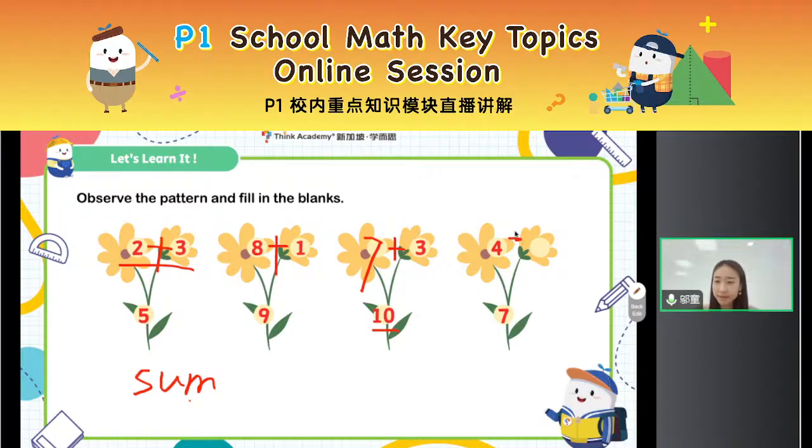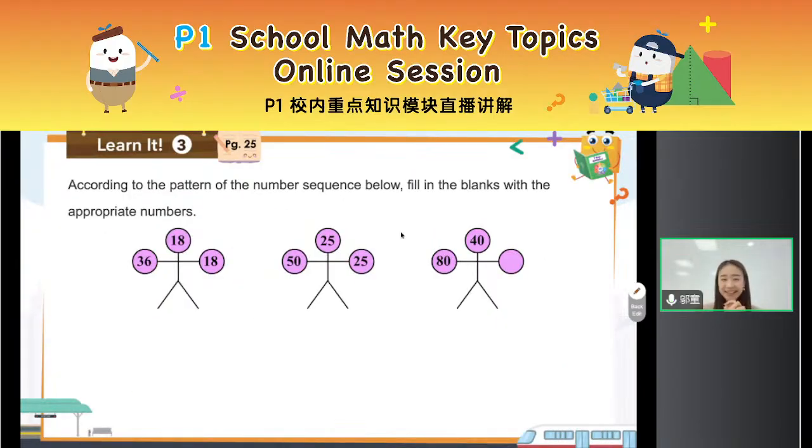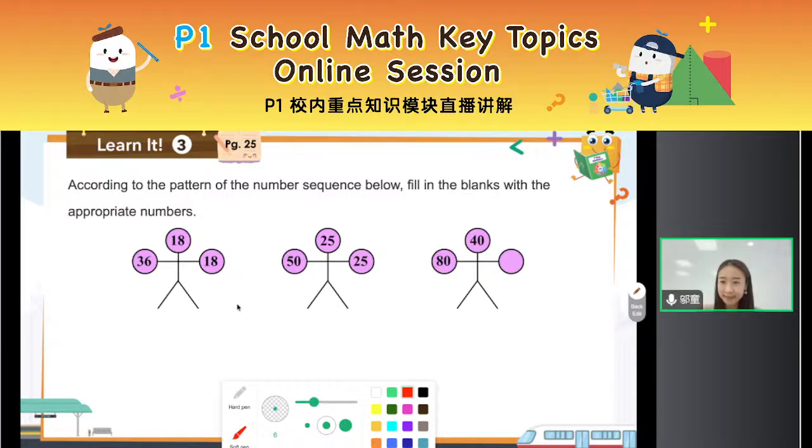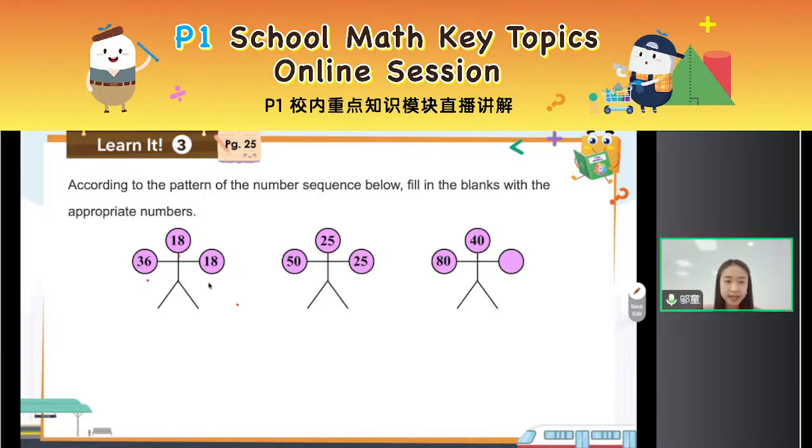We also add up together. The other one is 3. Very good job. If you do this, let's check. The one that looks like the matchstick human. Can we find the sum as well in this problem? Yes, right. So 36, 18, 18, which one is the sum of the rest?